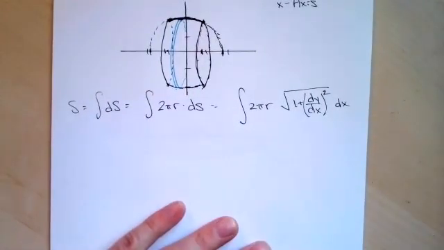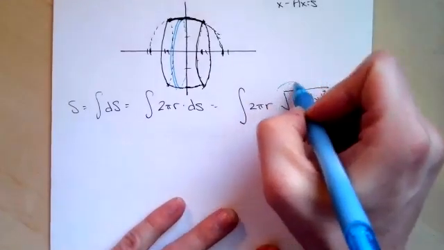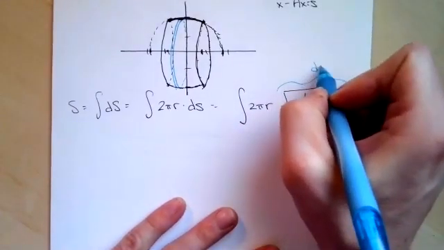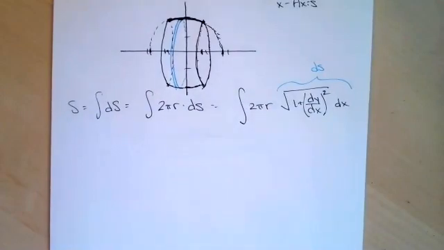So this guy is our ds. And we want to use this version of ds since we are slicing perpendicular to the x-axis. And so now we can just fill in the rest of our pieces.